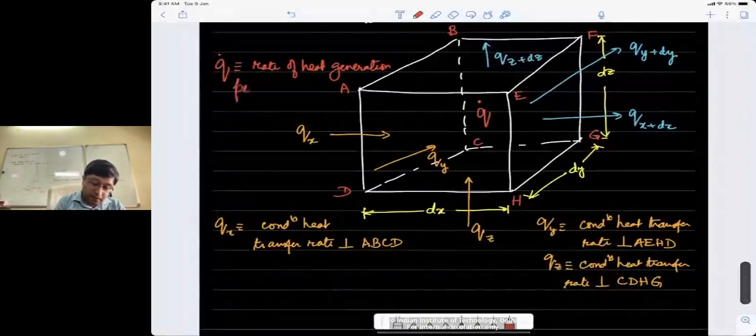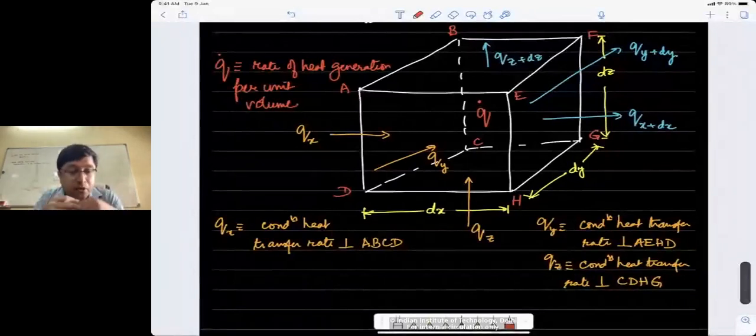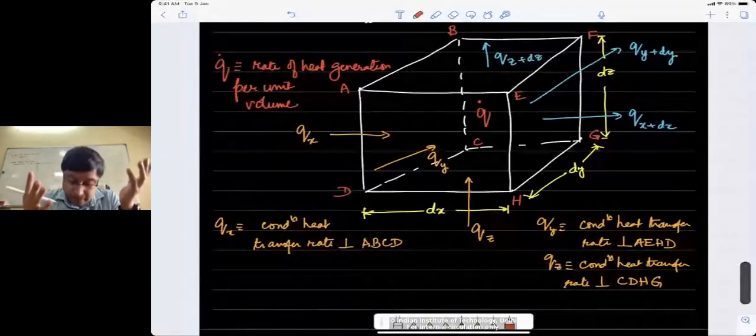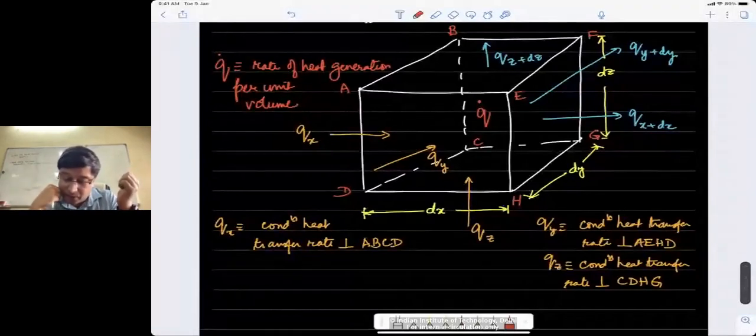Okay, so this is per unit volume. So the units of Q dot will be sort of like watt per meter cube. So per unit volume, this is how the rate at which energy is being generated or consumed in this control volume. And Q dot itself may be space dependent, so there's no issue with that. Okay, space or time dependent, so we're not very worried about that.